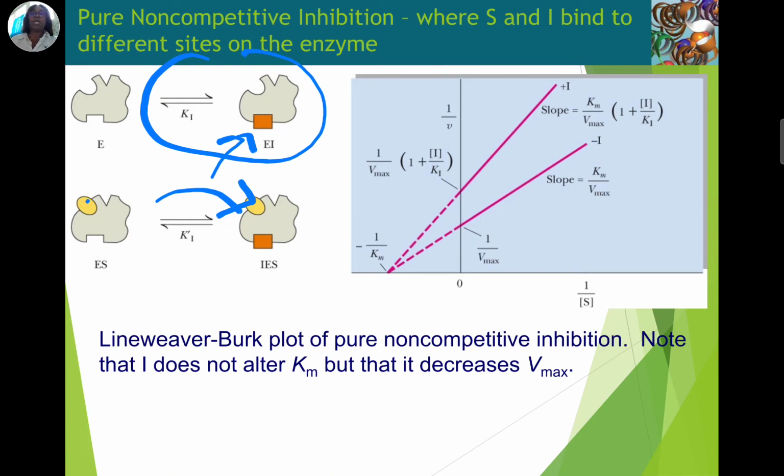What does that mean? It means that the substrate can get onto the enzyme because that space is not occupied. It also means that the inhibitor can get on. So at some point you can have just the substrate or just the inhibitor or both. Or in the case of free enzyme, none.